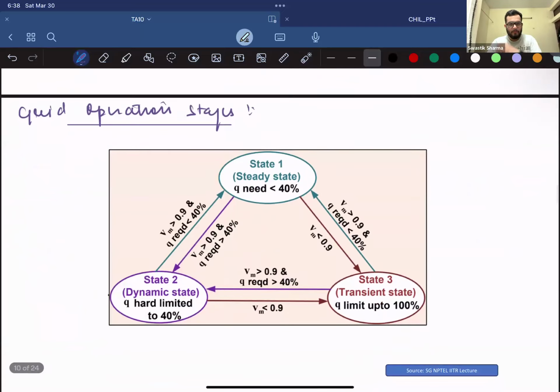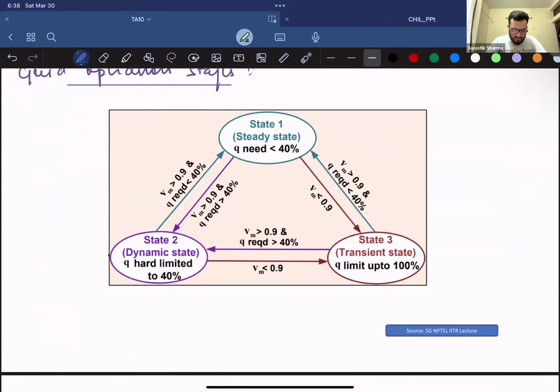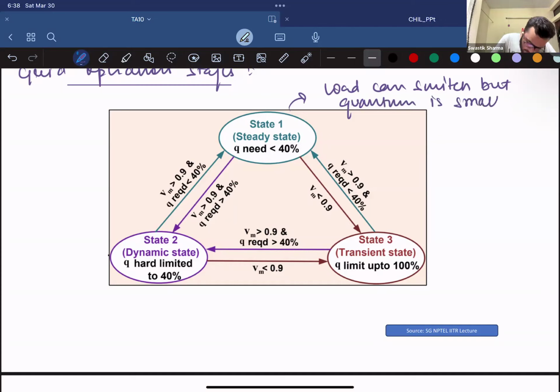Now, in this grid operating stages, there are three stages. One is a steady state, one is dynamic state, and the other is transient state. So in steady state, you have loads. Loads can switch, but the quantum is very small. So that means only small switching is there for small loads.